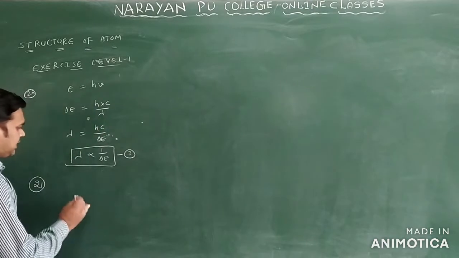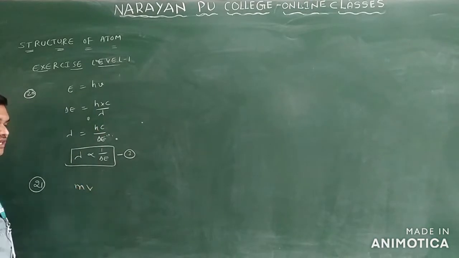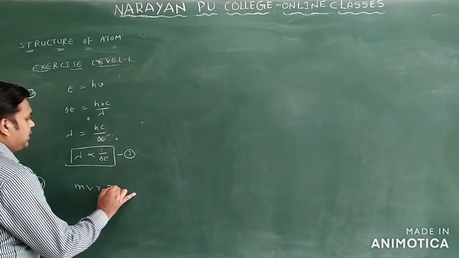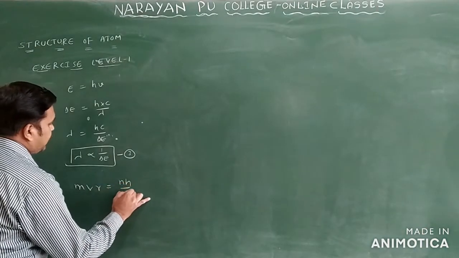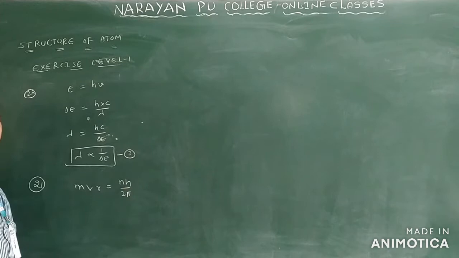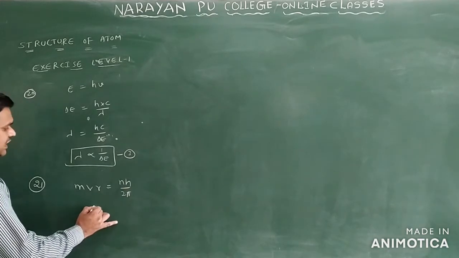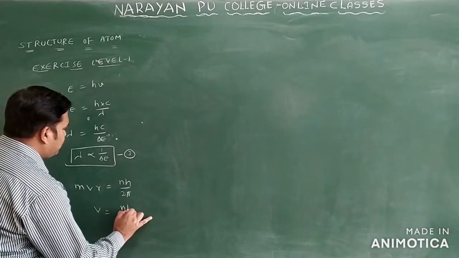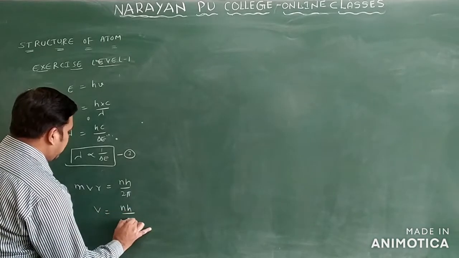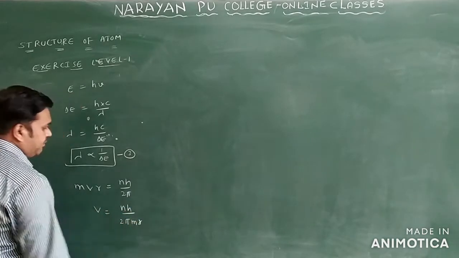Before that, I get the velocity from the angular momentum formula, mvr is equal to nh by 2 pi. This is the angular momentum of an electron. From this I want the velocity expression: v is equal to nh by 2 pi mr only.